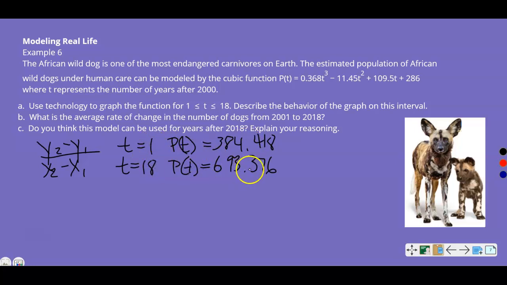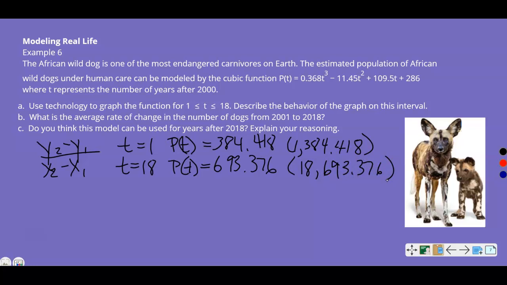We have another x and a y. So that means we can plug it into this formula here. All right, so if you need to see it as an ordered pair, just look at it as 1, 384.418. And this ordered pair would be 18, 693.376. All right, so that's our two ordered pairs.